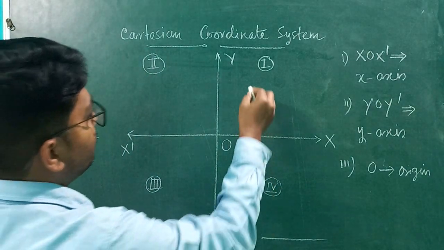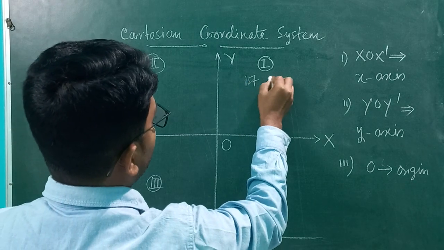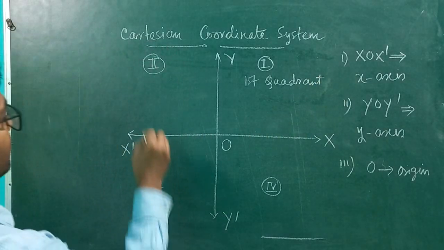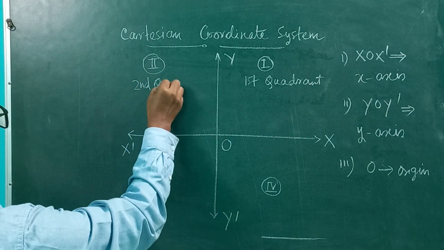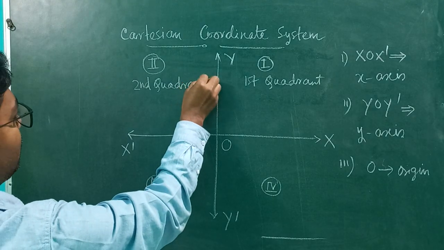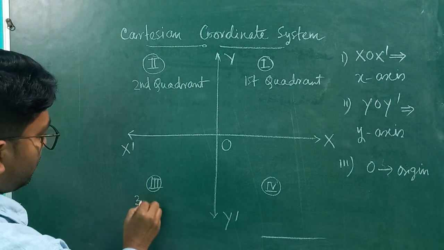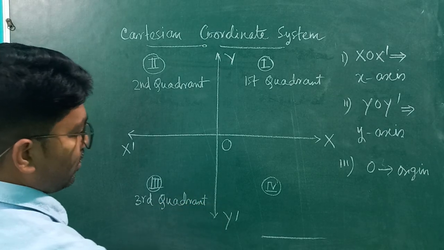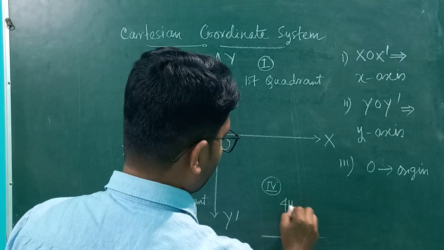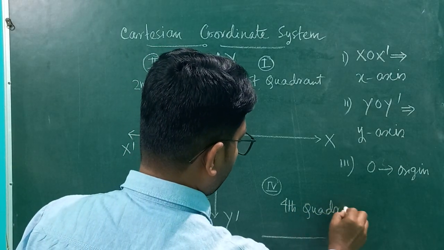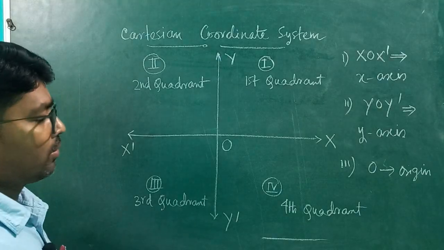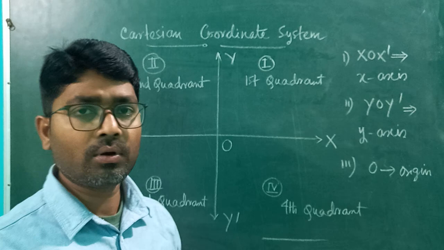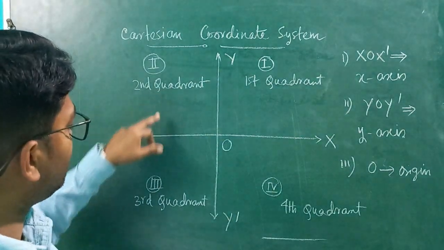We say this one is the first quadrant, this one the second quadrant, this one the third quadrant, and this one the fourth quadrant. That is, first we divide the region into four quadrants.